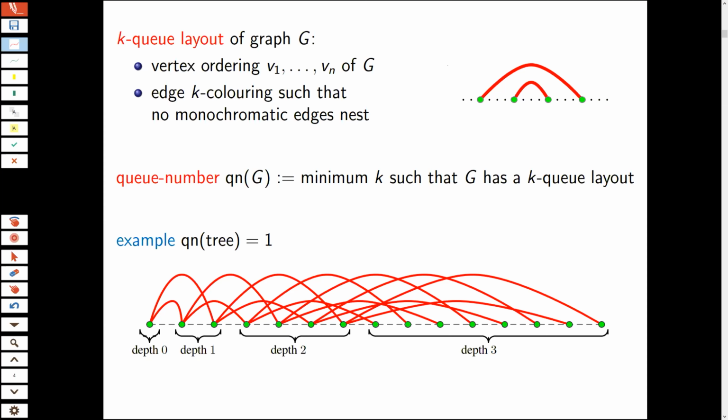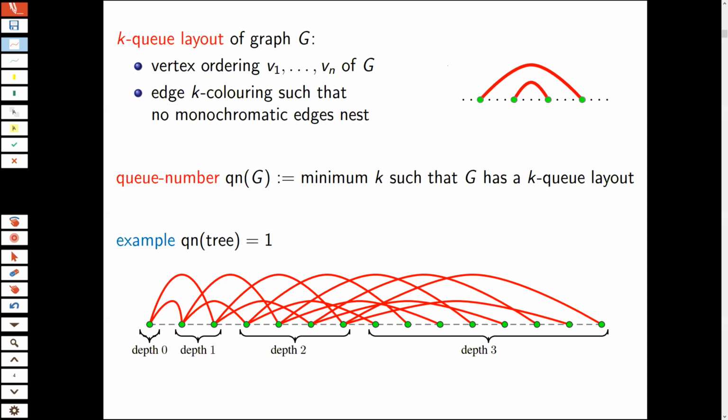So in this tangled web of edges in this picture, if you stare at it, you'll see there are actually no two nested edges, and that's always the case. It follows immediately from the breadth first property. So trees have Q number 1 because I can simply color all the edges the same color.